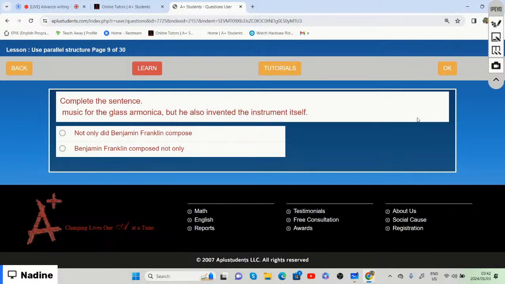So do we say not only did Benjamin Franklin compose music for the glass harmonica, but he also invented the musical instrument? Or do we say Benjamin Franklin composed not only music for the glass harmonica, but he also invented the instrument itself?